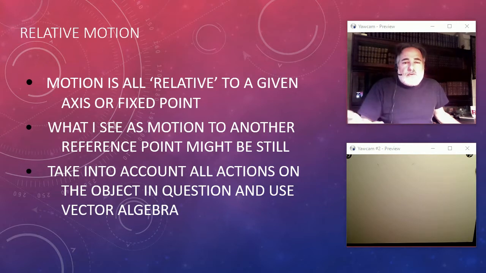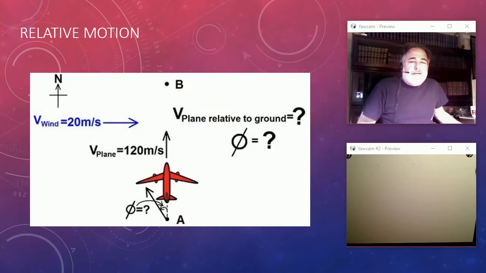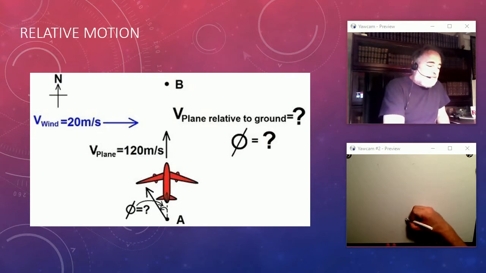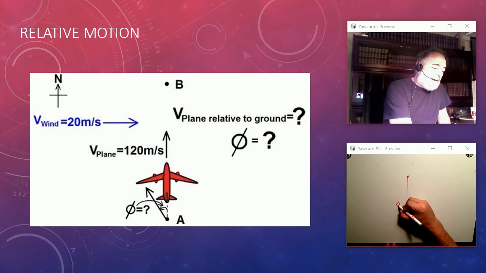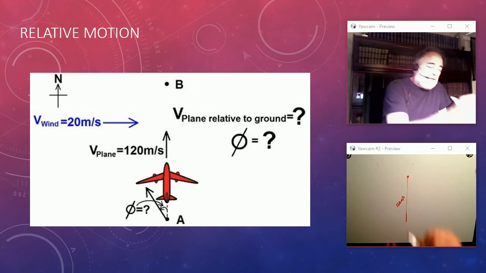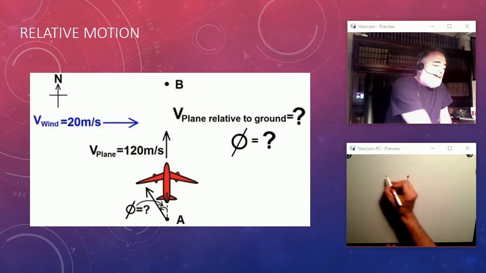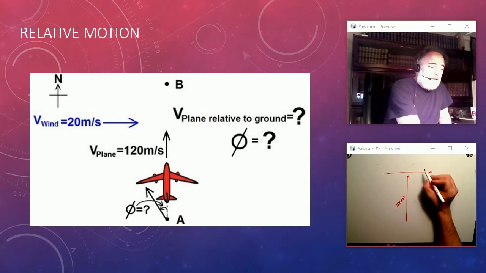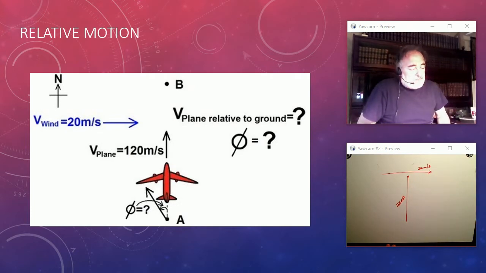We have to take into account all actions on a motion and use vector algebra. This is an example. Say a plane is flying up here at 120 meters per second, let's say due north. Well, if there's a wind going in this direction at 20 meters per second, as far as the plane is concerned, it's going due north at 120.